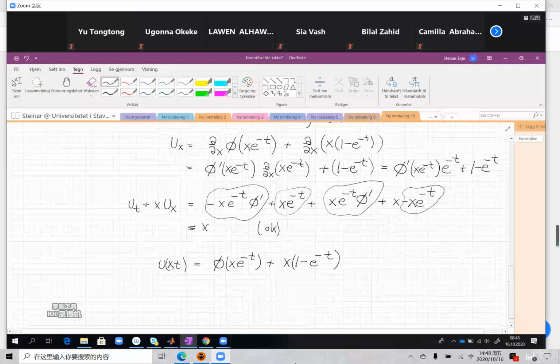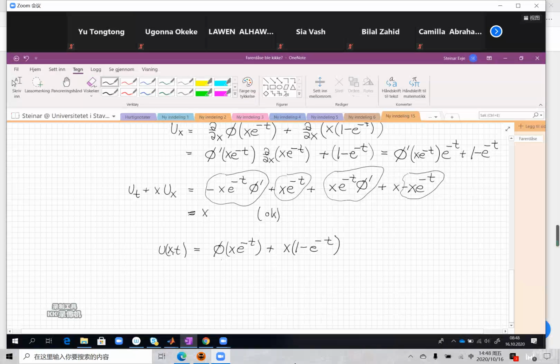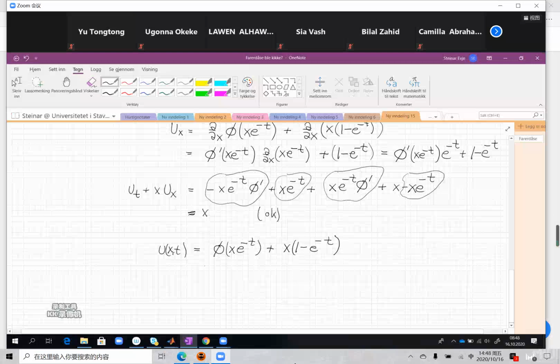There are a couple of things we can do here to try to get some understanding. What we will do next is to plot by means of a simple MATLAB script the solution at different times.